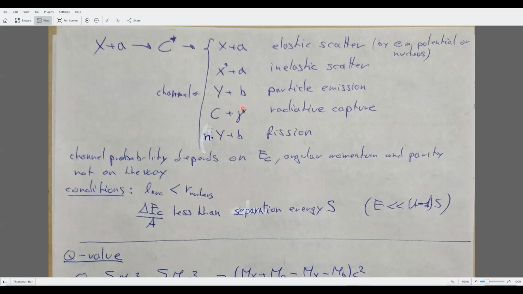So you have at least two particles, also because of the conservation of momentum.